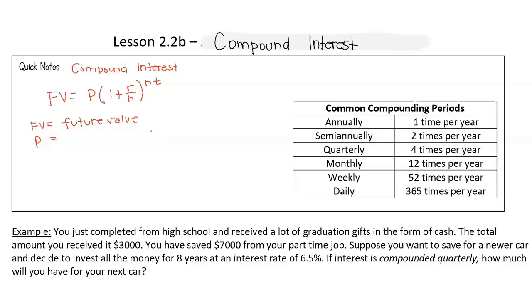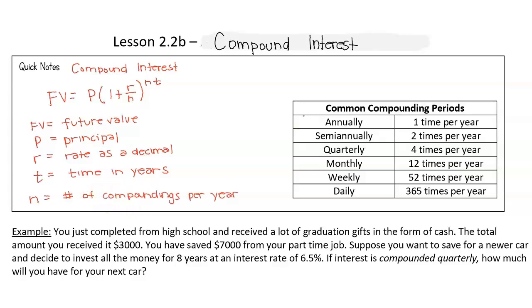P will be the principal, or sometimes we call this the present value. R will be the rate as a decimal. T is going to be the time in years. And n is going to be the number of compoundings per year.